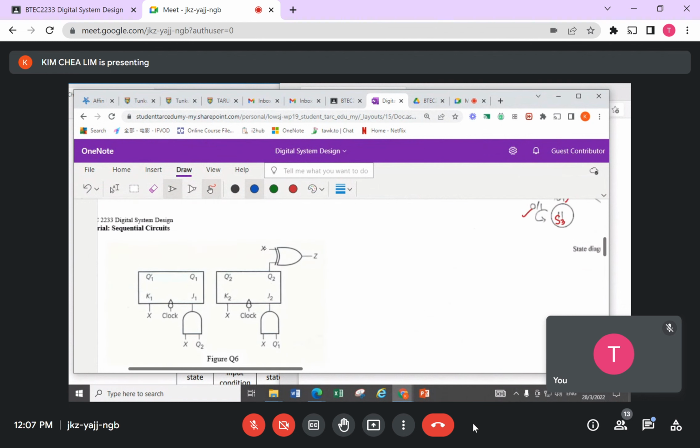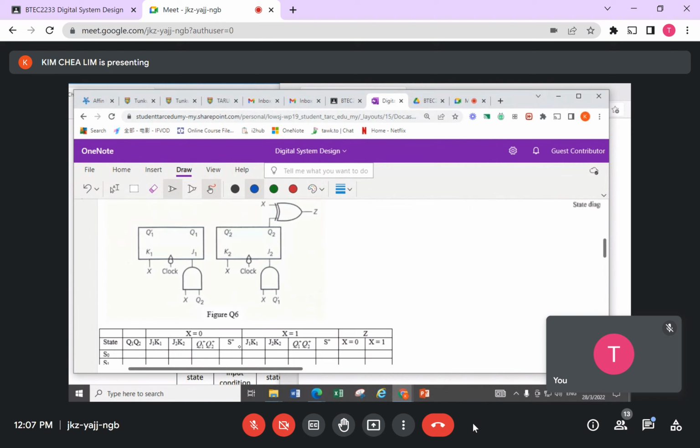Now they label the input, the same input comes to here. And then they ask me for the next states and so on. So for these parts here, let me just double check.